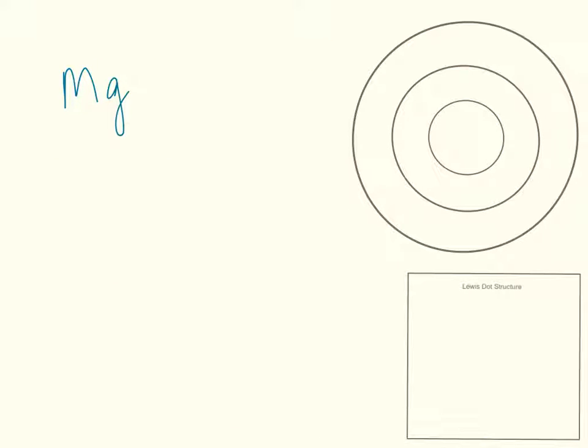All right, magnesium. Magnesium has 12 electrons total, so there'll be 2 in the first energy level, 8 in the second, and then in the third energy level there will be 2.